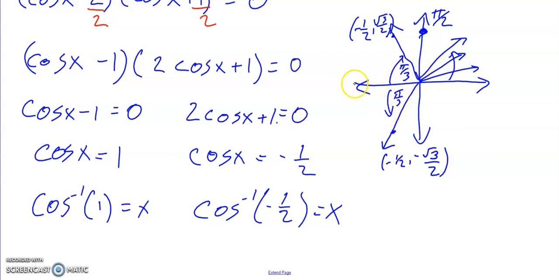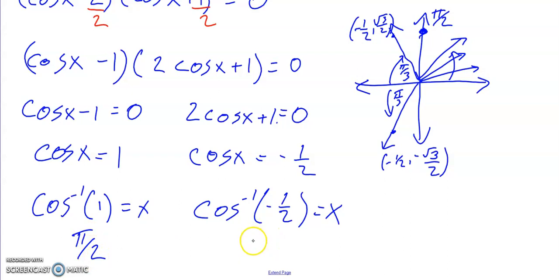So if we do 3 pi over 3 minus 1 pi over 3, we're going to get, so we've got our 0. I'm sorry, not 0, goodness. It was 1, and what is the angle for that? The angle for that is pi over 2.